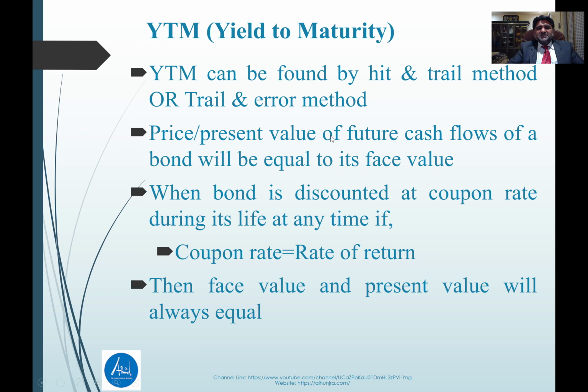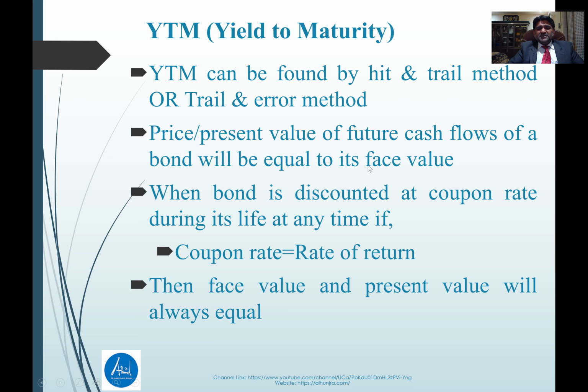The price or present value of future cash flows of a bond will be equal to its face value when the bond is discounted at the coupon rate, meaning the rate of return is equal to the coupon rate. Once the coupon rate and rate of return are the same, then the market price will be equal to the present value.